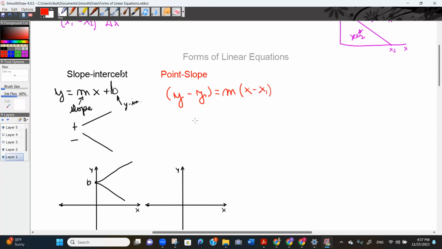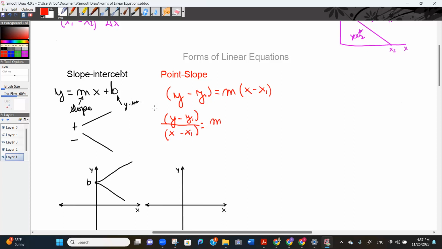Another way of looking at this formula is by writing it as (y minus y1) over (x minus x1) equals m.